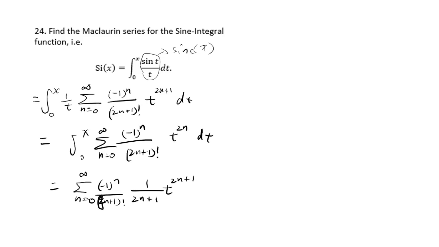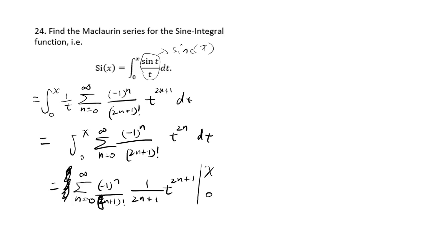And then actually this is already integrated, so we don't put integrals anymore, and then we have to put x and 0. So when you plug in x into t, all it does is replace t by x. When you plug in 0, it doesn't give you anything, it's just 0.